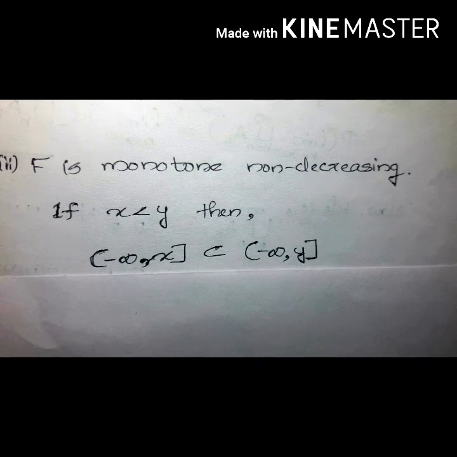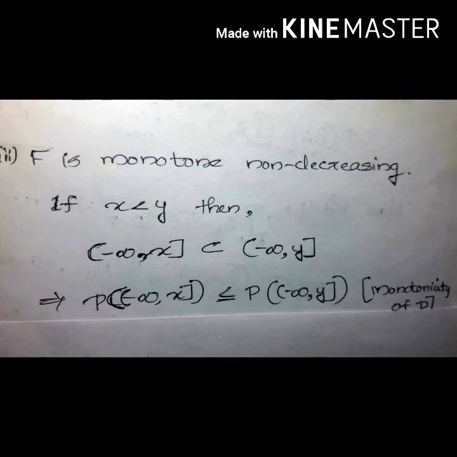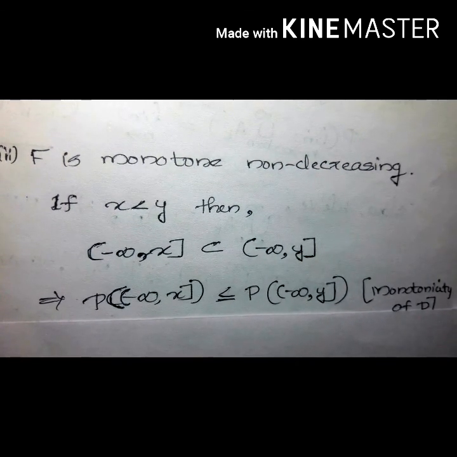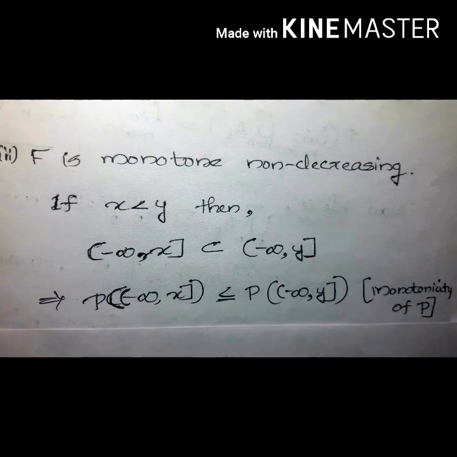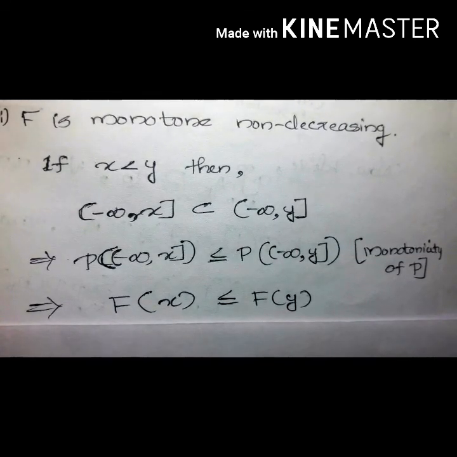Applying monotonicity of P, we get P of (minus infinity, x] less than or equal to P of (minus infinity, y], which implies f of x less than or equal to f of y. Therefore, the second property.